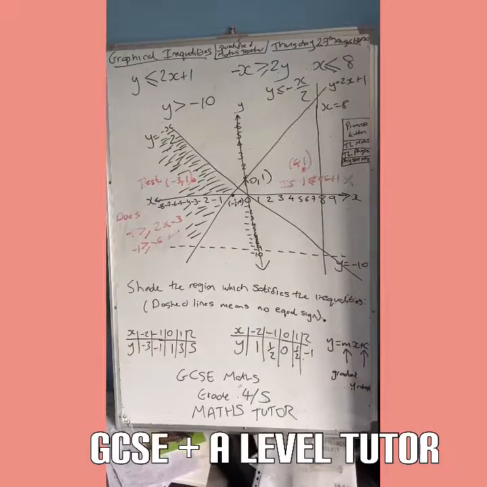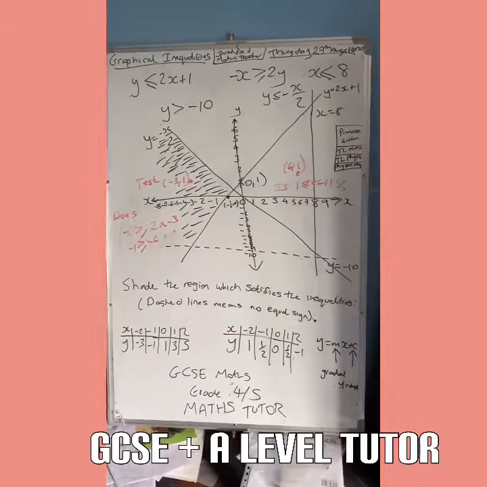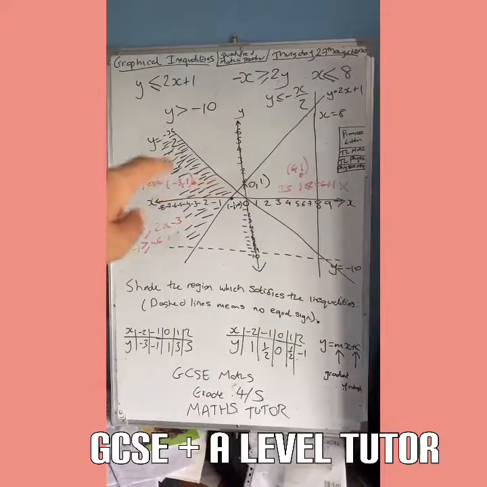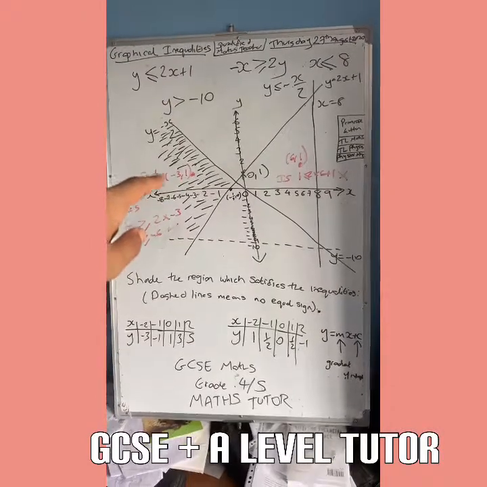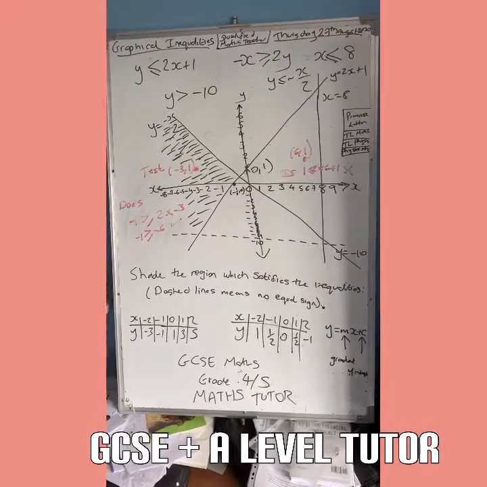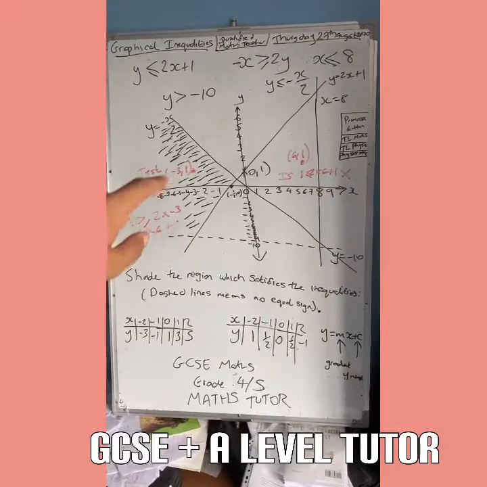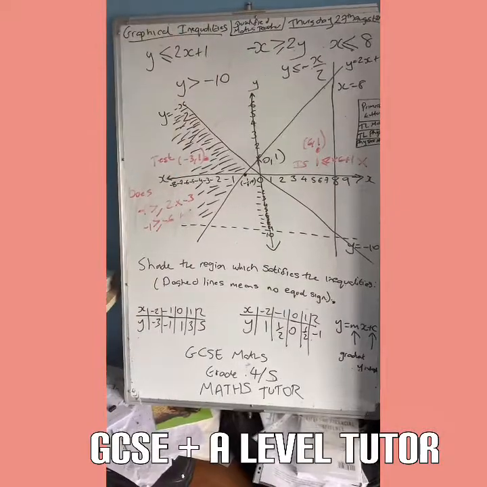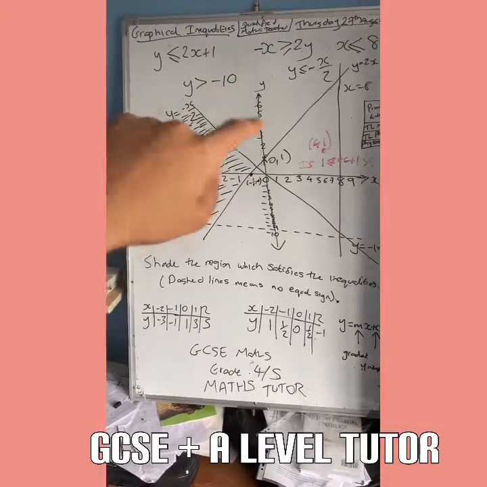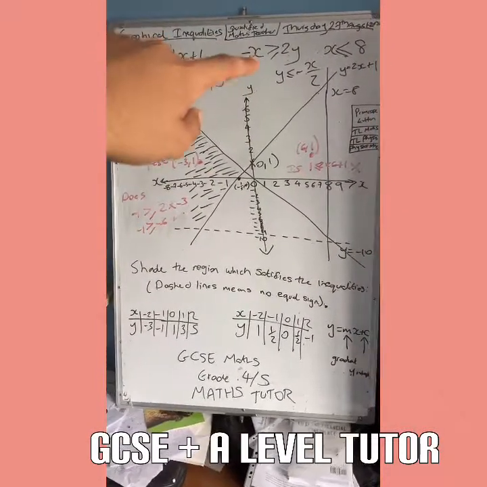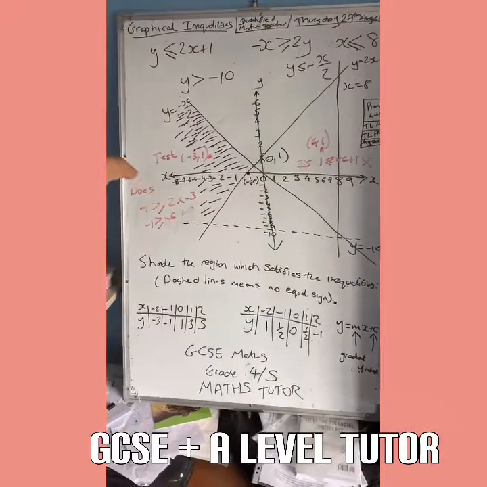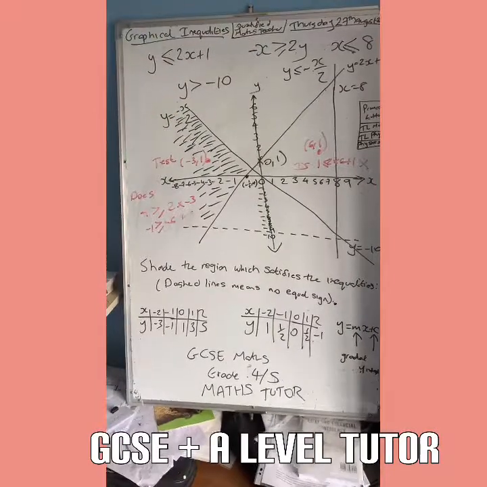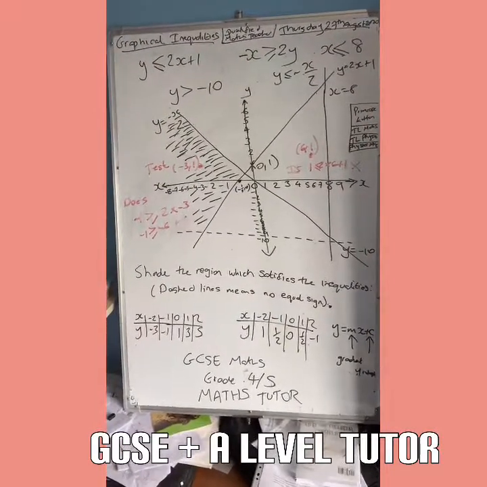What I did for these 2 was a coordinates test. I tested the coordinates minus 3, 1. For the equation y equals minus a half x, I put in, so does the y coordinate... I think I've made a mistake here, sorry.